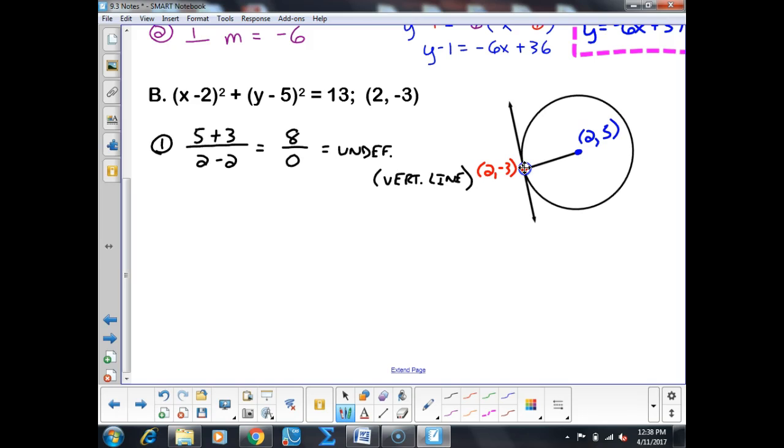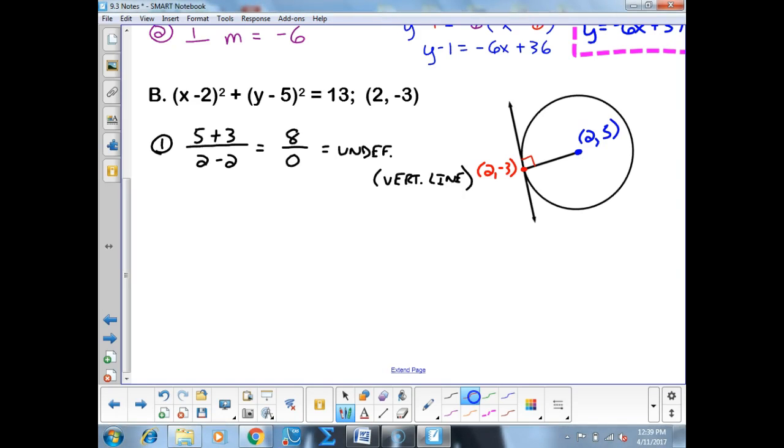Same thing if you went with your points in a different order. You still get an undefined slope. Now, we know that this is perpendicular here. So, what kind of lines are perpendicular to vertical lines? Horizontal lines.